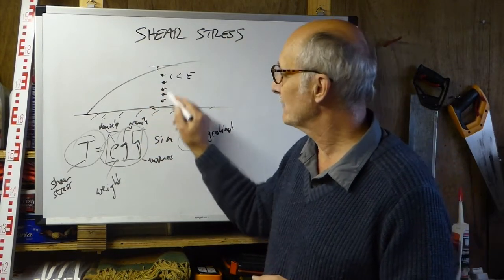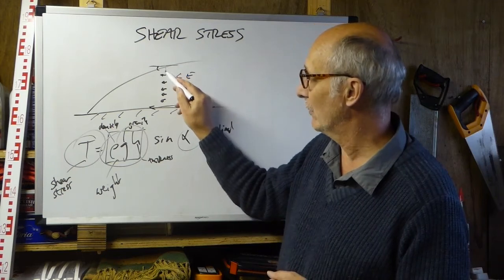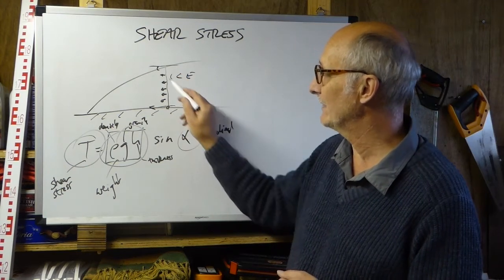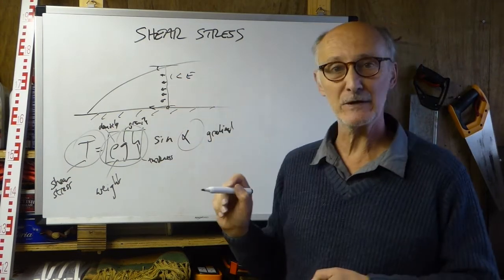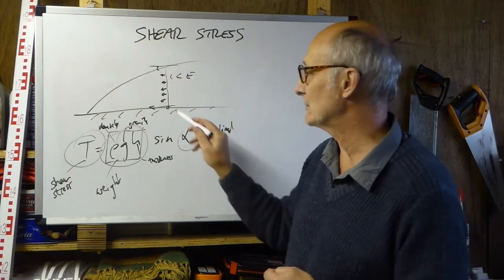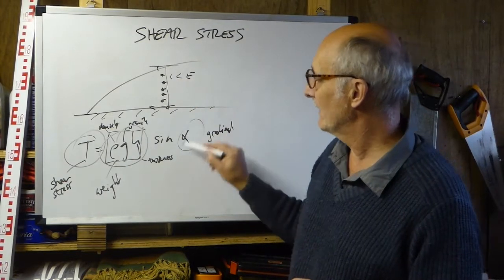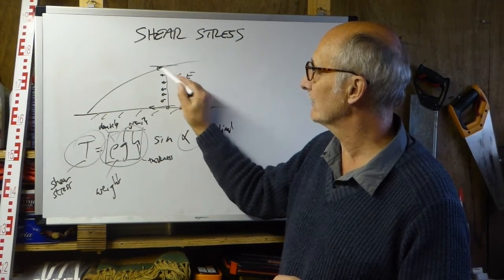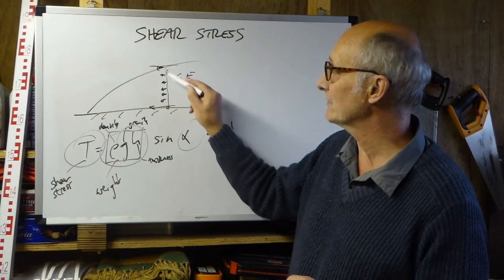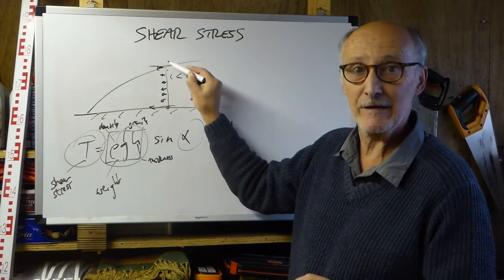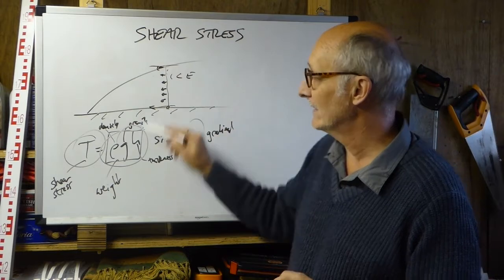Now, if we're interested in, as I drew previously, this column of ice here all the way down to the bed, and calculating the amount of deformation that we get within the ice at each layer, or the amount of force driving sliding at the glacier bed, then alpha is a constant all the way down this column. It doesn't change because we're always underneath that same driving surface gradient.